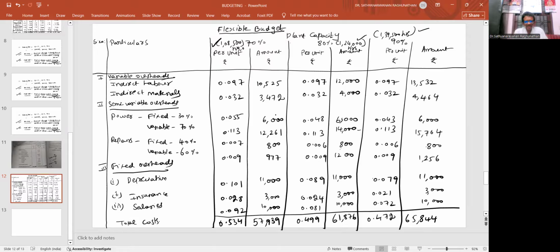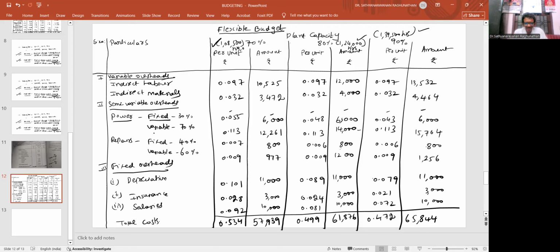In the case of fixed, I am telling this, amount column remains same, whereas per unit column varies in accordance with the different level of production.